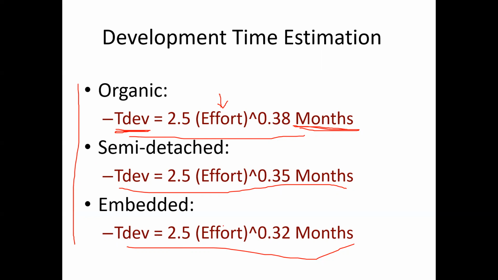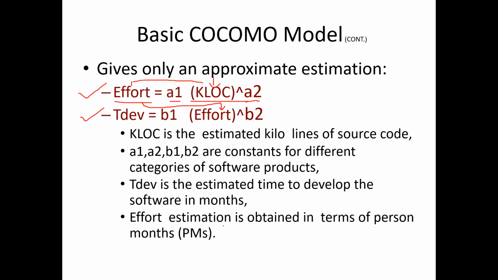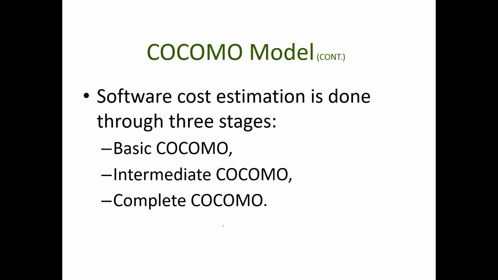Now I will give one example. Please try to understand again what you should do in basic COCOMO. There are 3 types of COCOMO model. Whatever formulas I have given are in basic COCOMO. Basic COCOMO means only the size is taken into consideration.